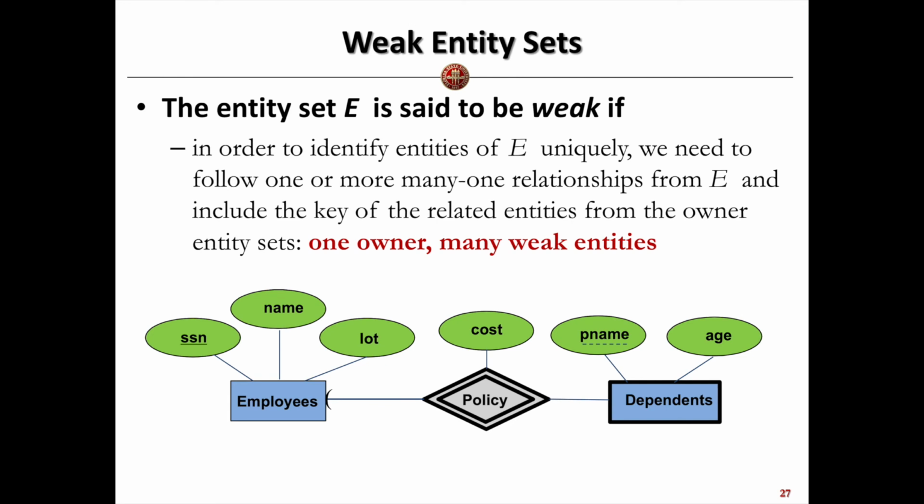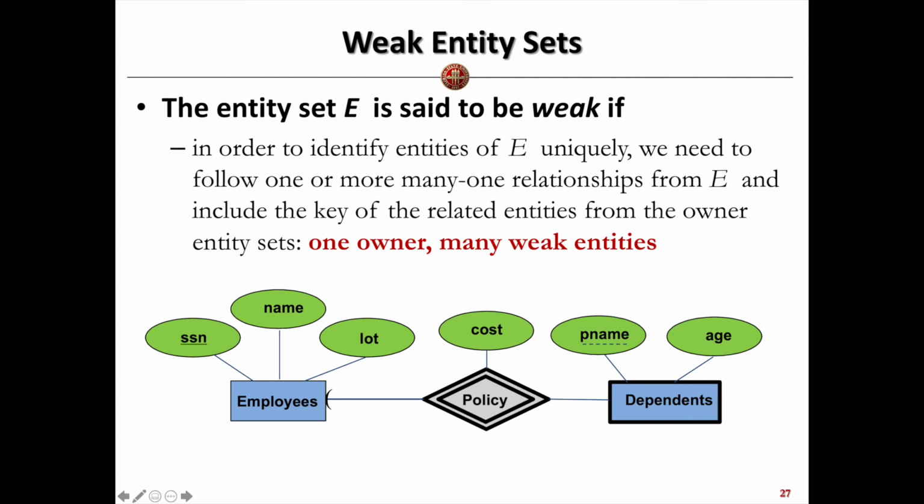Then how can we decide which entity should be the weak entity set? We have one guideline here. Let's assume we have an entity set. We can say this entity set is weak if, in order to identify entities inside the set uniquely, we have to follow one or more of these many-to-one relationships from this entity, and also include the keys of these related entities from the owner entity sets.